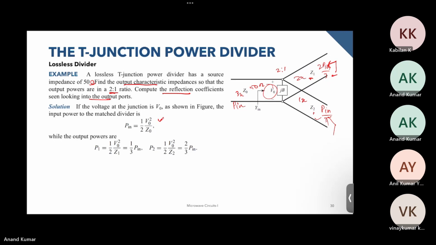The output powers can be given as half V naught square by Z1 and half V naught square by Z2. This particular port is receiving 1x power, and this particular port is receiving 2x power.